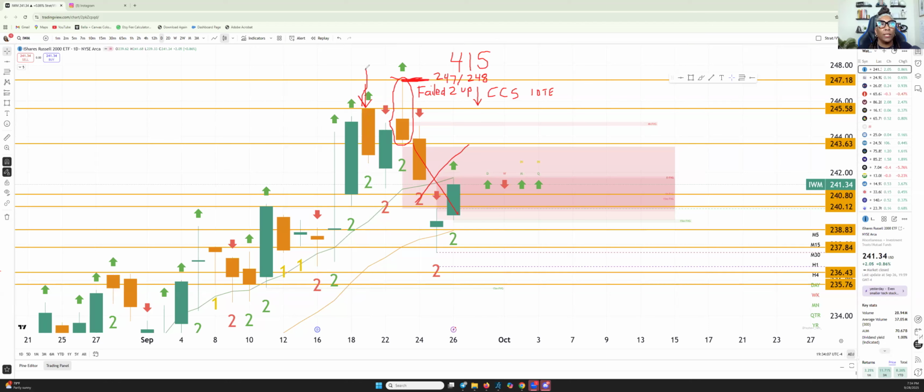So if you had done this one, the top of this candle was like 245.50. You would have been safer to do 246, but you could have done a 245, 246 call credit spread here.